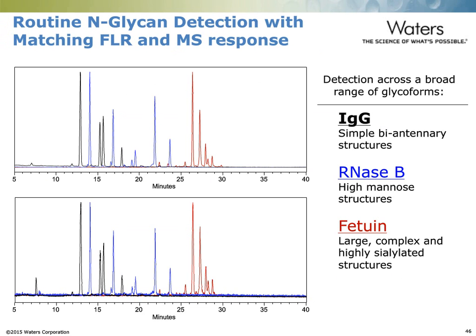So we look at how this can be applied for doing a routine N-glycan analysis. In this case, looking at 3 different samples prepared separately. First being an IgG glycan pool, which represents really the simple biantennary structures, probably the most common structures encountered within the biopharmaceutical market today.